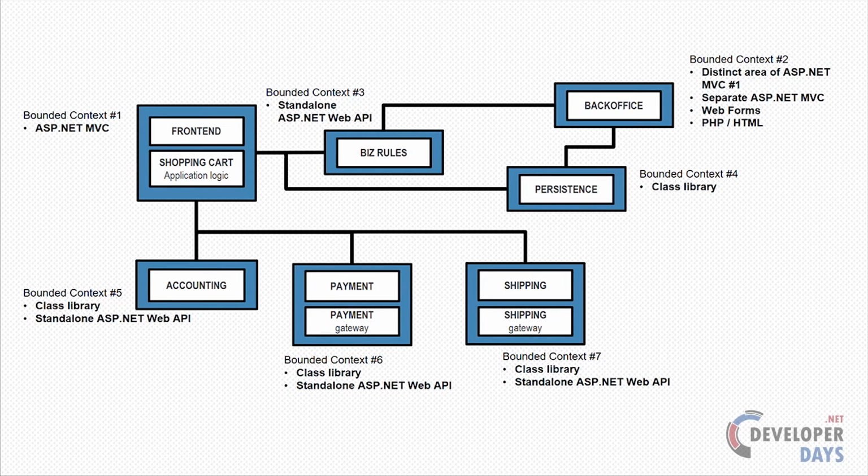The persistence can be, again, a class library linked, referenced by all the other pieces, or it can be a separate standalone web service if you do persistence via HTTP. Accounting is typically, again, a class library or a standalone web API.